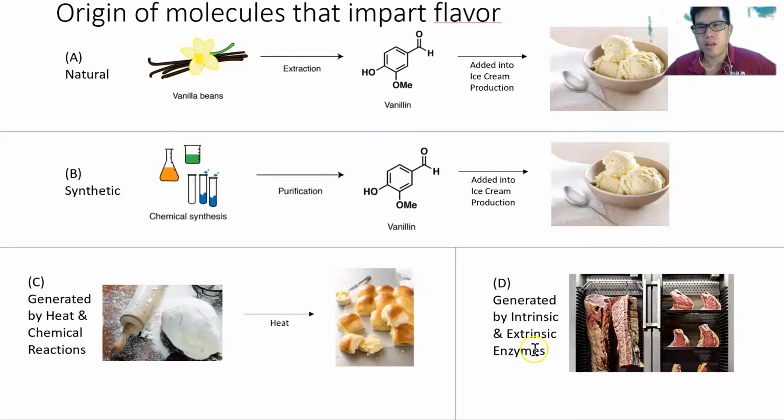Extrinsic means from outside. For example, you can add some bacteria or any type of microorganisms into the meat during the aging. The enzymes from these microorganisms will facilitate the generation of the flavors.